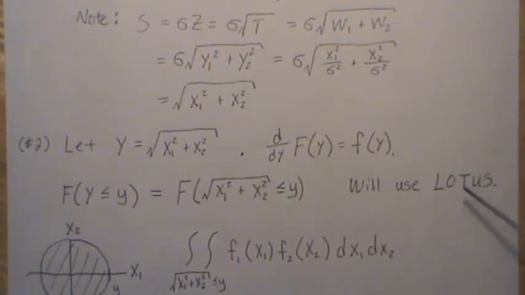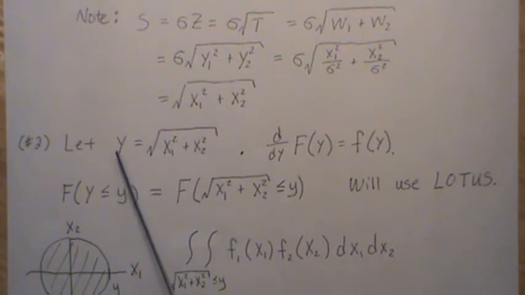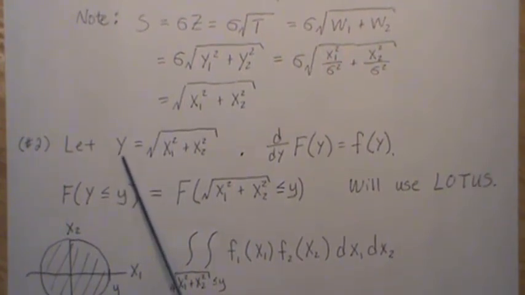I actually have a couple of videos on LOTUS. Remember the CDF is a probability, so we're trying to find the probability that this random variable is less than this quantity. And so you kind of think that we should use the density for Y. But since it's a function of other random variables, LOTUS says we can just use those densities, right? X1 is a normal random variable, X2 is a normal random variable.